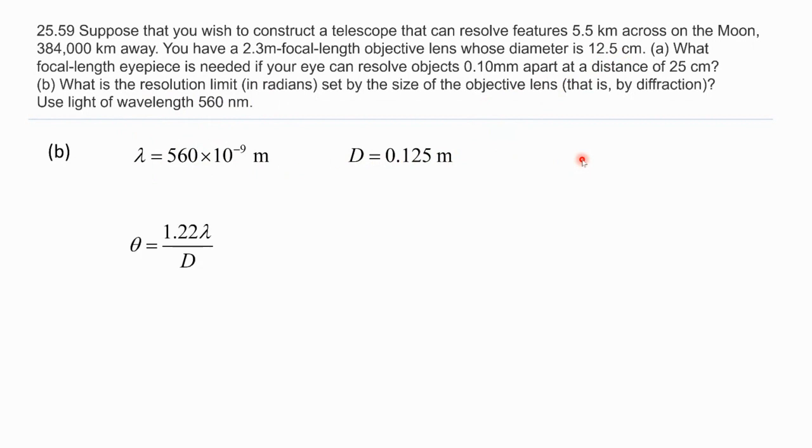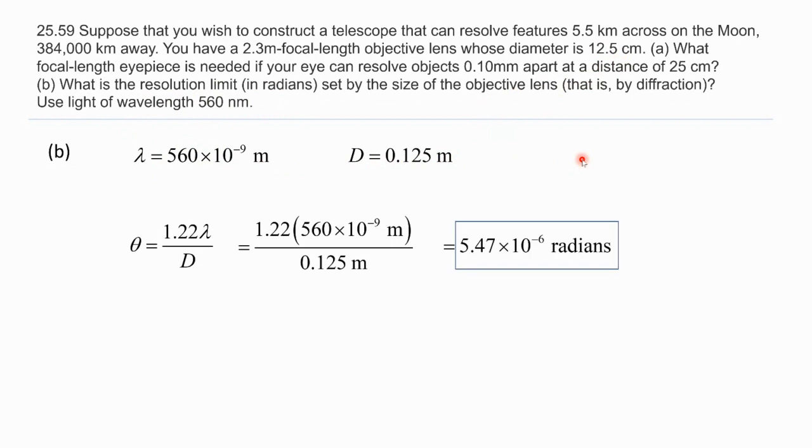And this is the criterion. Plug in the numbers, and we get this: 5.47 times 10 to the minus 6 radians. So a tiny, tiny angle. Okay, so that's the diffraction limit. That's not too bad, I would say.